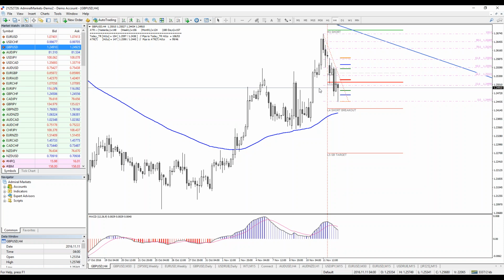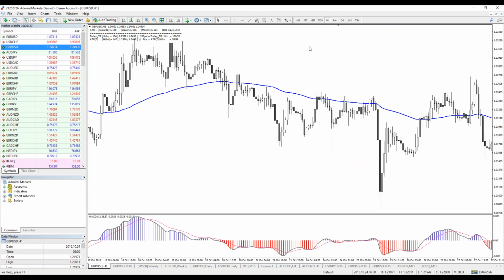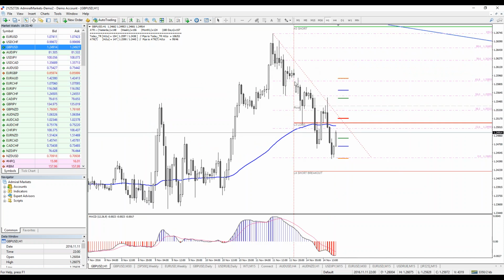I think that pound dollar is in downtrend now. Because usually what happens, there was a gap, guys. At the open, you see this gap, it was closed at the next candle, and there was a continuation.